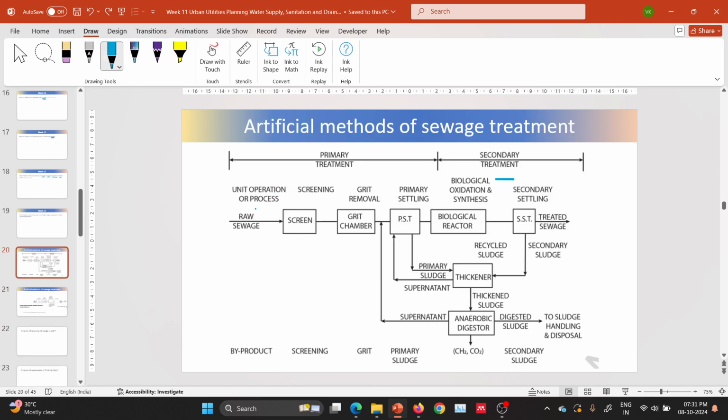So now we will understand the artificial methods of sewage treatment. So this is the artificial method.